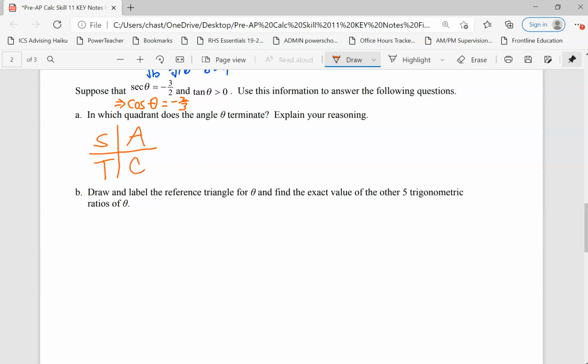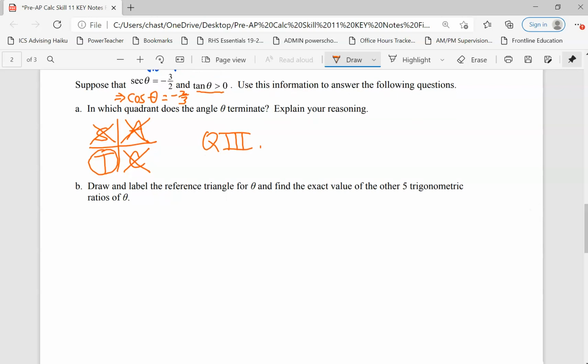All Children Take Showers. Our cosine is a negative number, so it can't be quadrant 1 because everything's positive there. Can't be quadrant 4 because cosines are positive there. We also know that tangent is greater than 0, which means it has to be quadrant 3. So quadrant 3 is where we terminate.